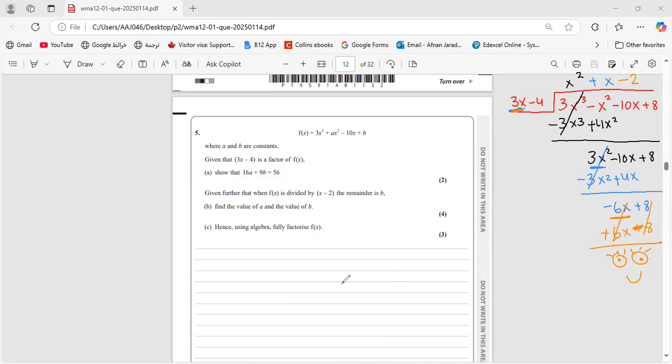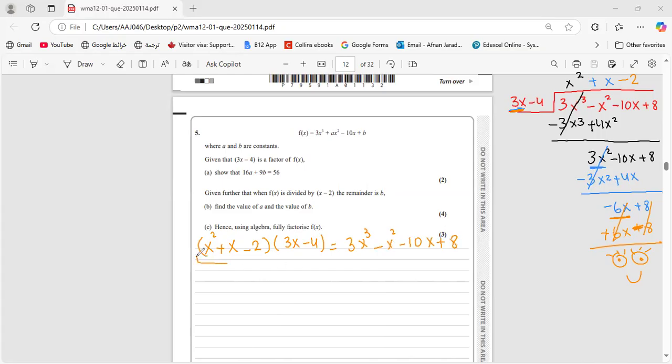Okay, so to fully factorize, you get 3x squared plus x, okay, this one, x squared plus x minus 2 multiplied by 3x minus 4 equals 3x cubed minus x squared minus 10x plus 8.